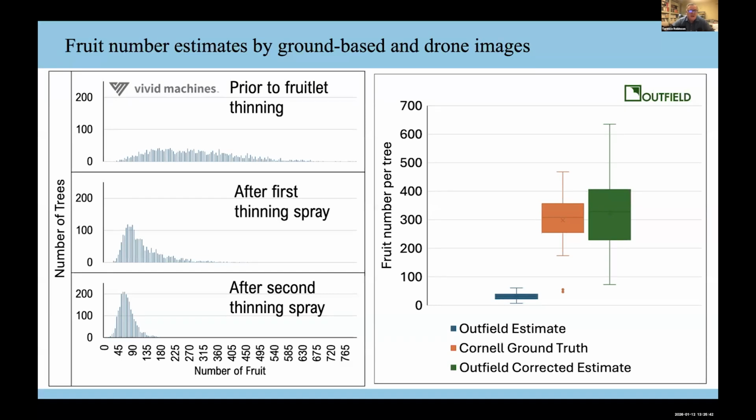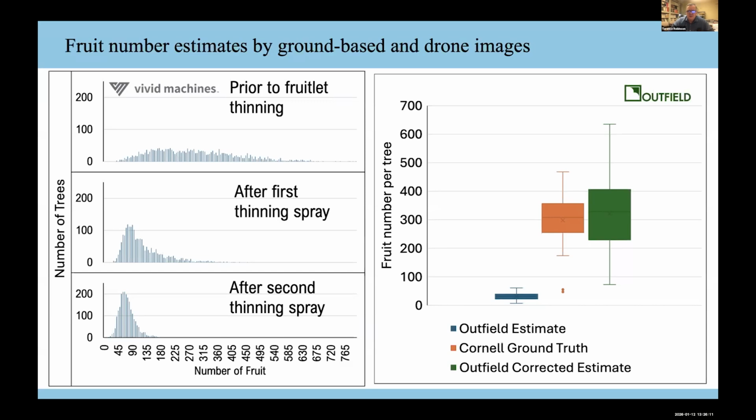And you can see a vast distribution of the number of fruitlets going from as low as 45 fruits per tree up to some trees having 600 or 700. But after the first variable rate thinning spray, that distribution was much more compact, ranging from 45 fruits up to maybe 200. And after the second thinning spray variable rate, we were able to get a much narrower distribution of fruits.